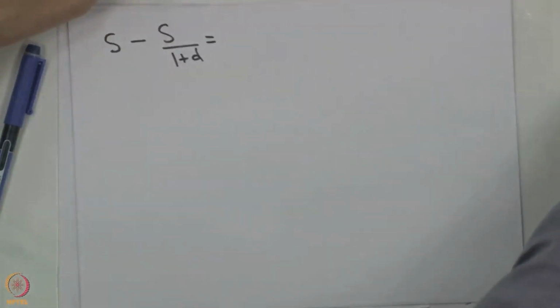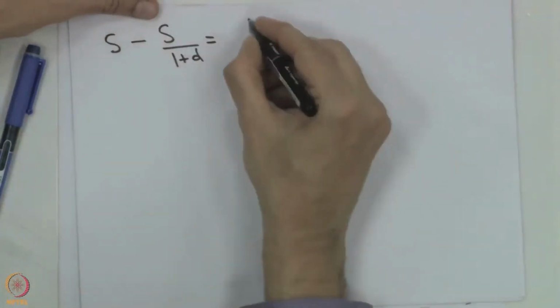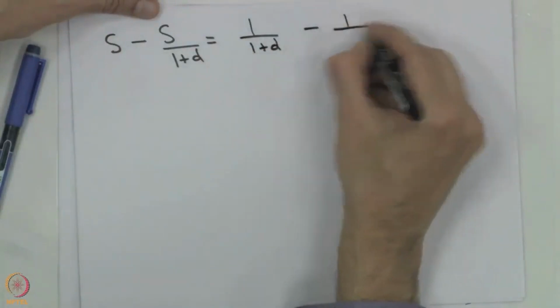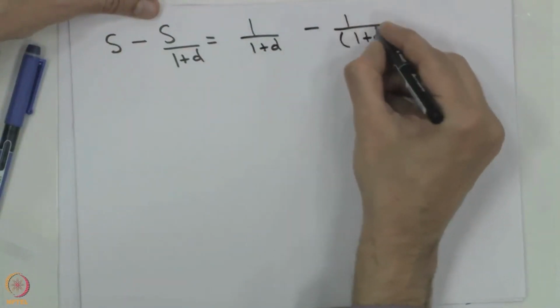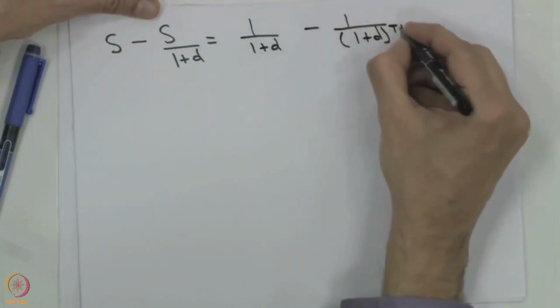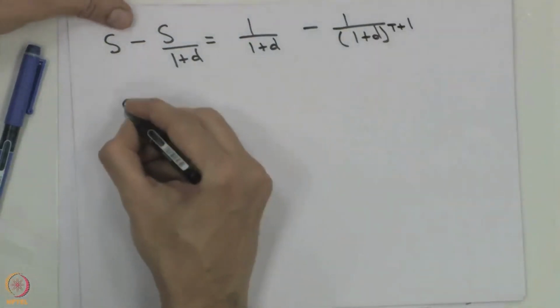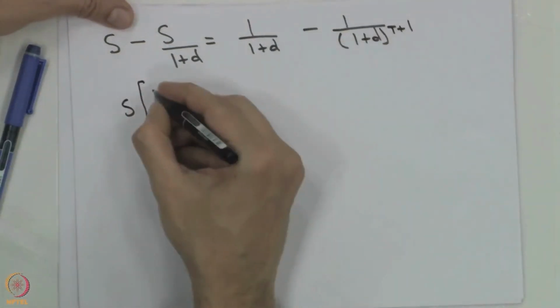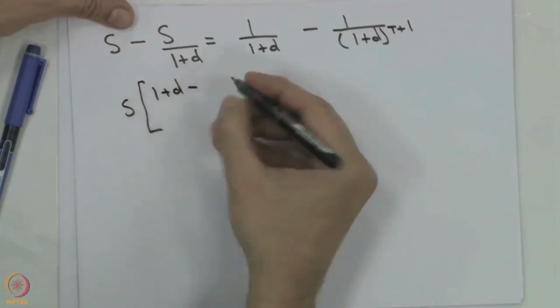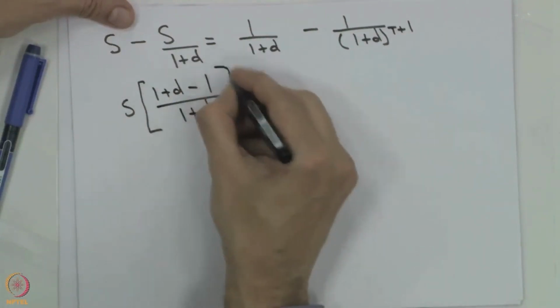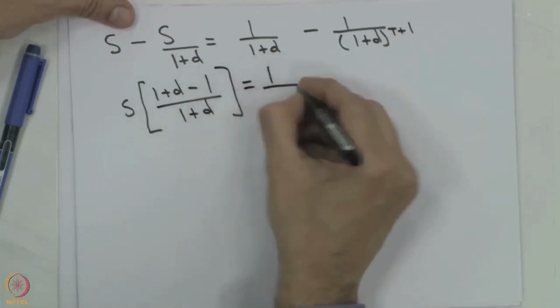So with simple algebra, we can take 1 by 1 plus d common.